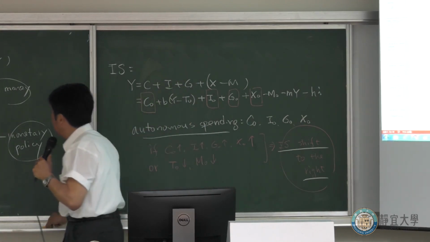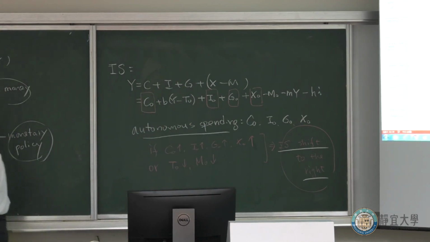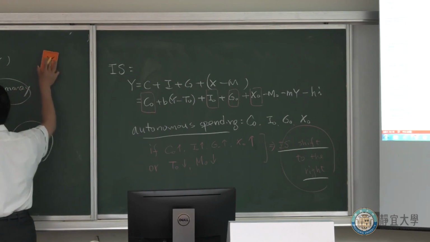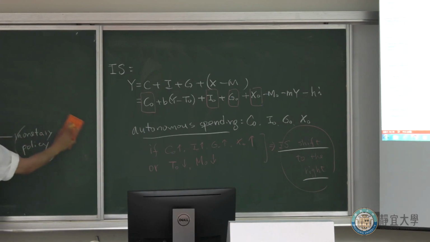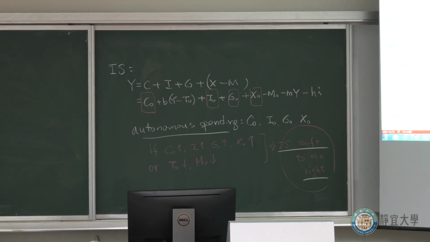So maybe we will try to show you what fiscal policy is. Fiscal policy represents G0 increase or T0 decrease, and then you can see the IS curve shift to the right.